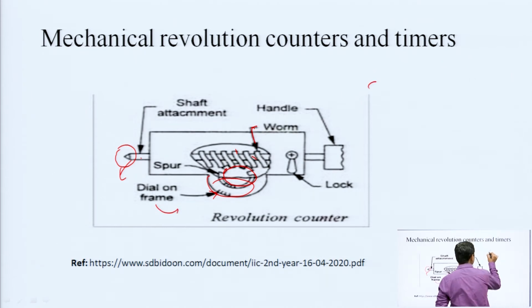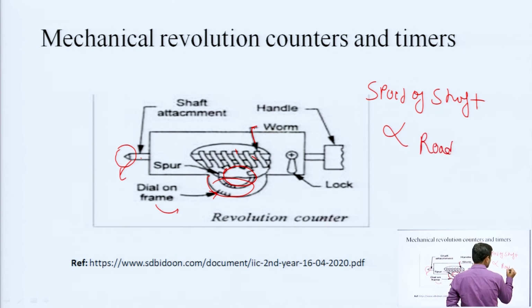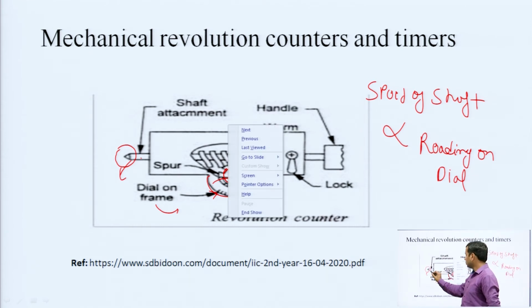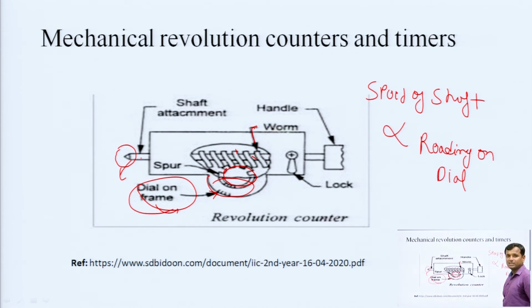So, the basic principle is that the speed of the shaft is proportional to the reading on the dial. The rotation of the spur, which moves with respect to the worm, is caused by the rotation of the shaft, and the number of counts can be noted, reflected on the dial gauge, and counted with the help of the counter also.